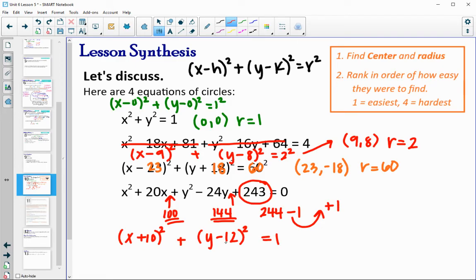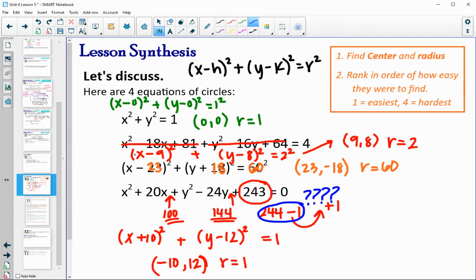That one's quite a bit more difficult, and you maybe haven't done anything like that. To get a center of negative 10, 12, and then a radius of 1. This part might be pretty confusing. Like, what is happening here? And that's okay. You didn't need to be able to come up with that.